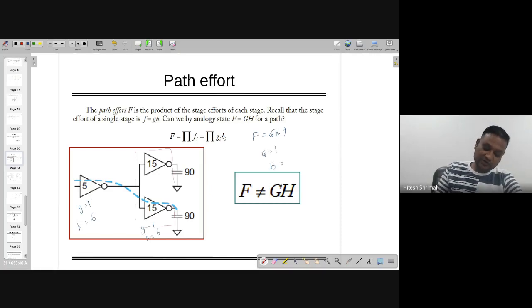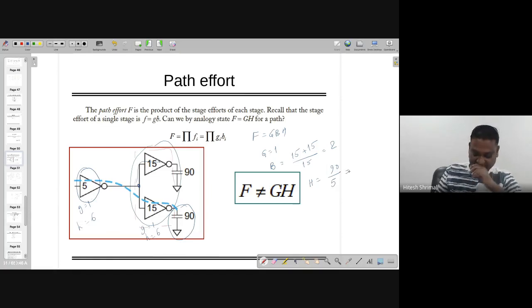B is equal to C for this particular node where the branching is happening. In this particular case, C off path, which is 15, on path another 15 is there, and divided by 15, it's going to give me 2. And H is nothing but C out, which is 90, divided by C in, which is 5, right? So 18. So this is going to give me F equal to G times B times H as 36. So this is the correct answer.